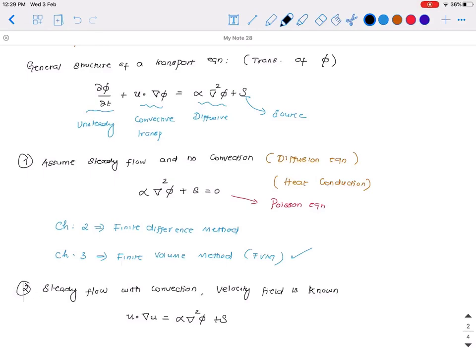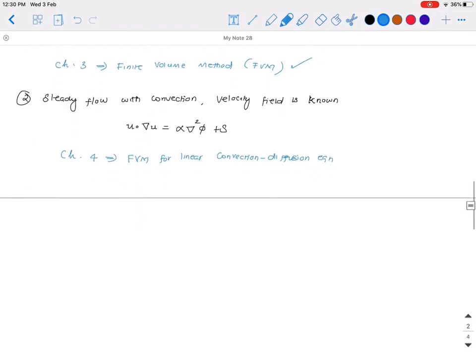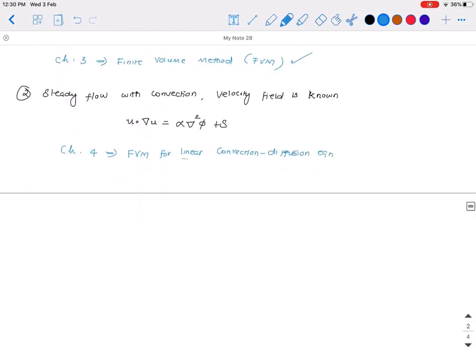Now the focus of chapter 4 is on finite volume method for linear convection diffusion equation. It is linear because we have assumed the velocity field is known, so that gives rise to linearity of the equation.